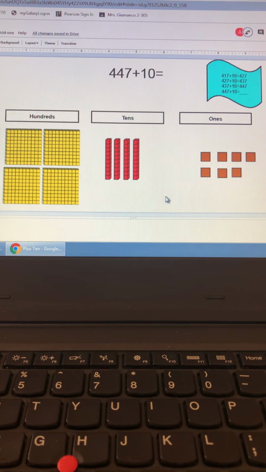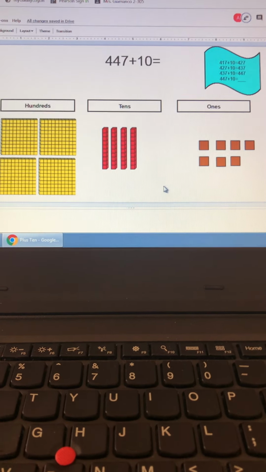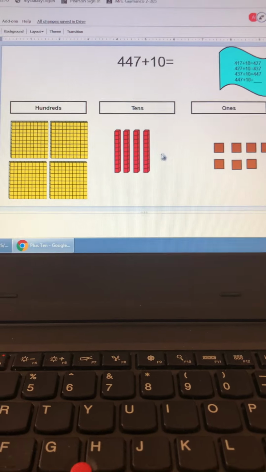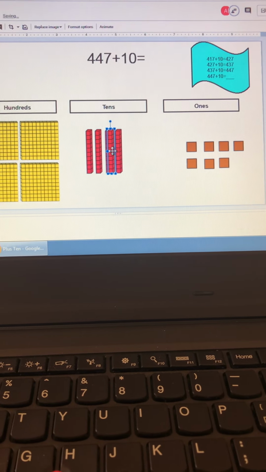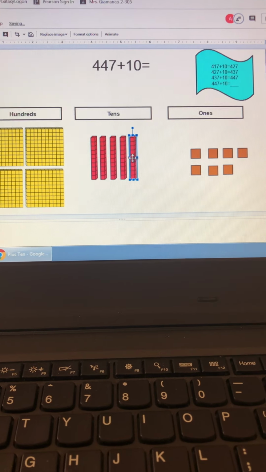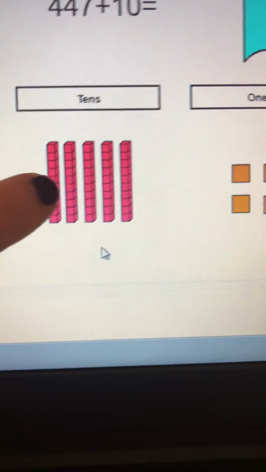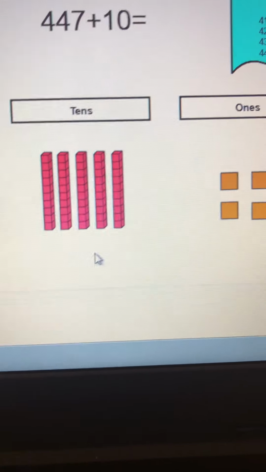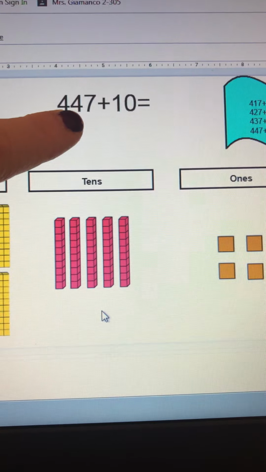Three, 2, 1. Shout out your answer. All right, let's check. If Ms. Dramenko adds another 10, how many 10s do we have now? Count with me. 1, 2, 3, 4, 5 10s, right? So my 10s place value is going to change.